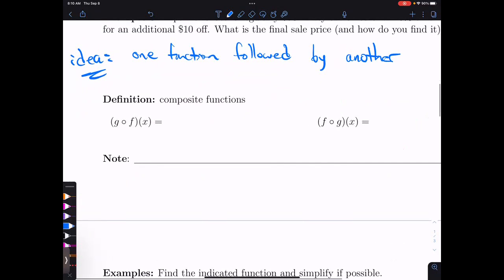It's not like addition, subtraction, multiplication, division, where we already know what that means. Because it's a new thing, we introduce a new symbol. This little circle between the F and the G is the composition operator. You read that like "of." So this is G composed with F, or I could read it as G of F. And what that means is the same thing as this.